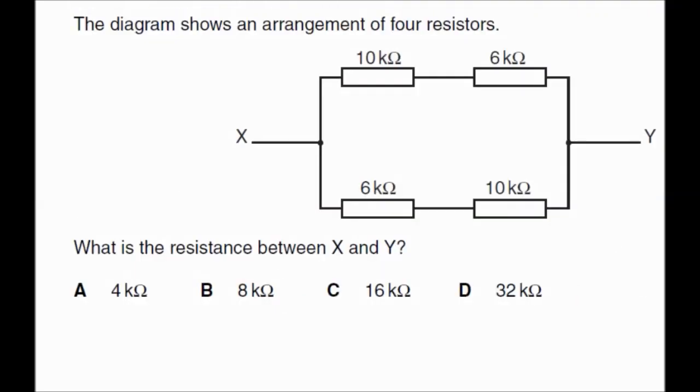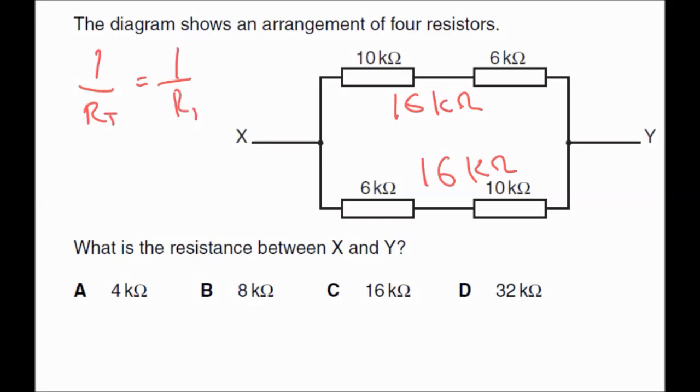The diagram shows an arrangement of 4 resistors. What's the resistance between X and Y? Well, firstly, let's try and simplify the resistors in series. So here we've got 16 kilo ohms. Here we've also got 16 kilo ohms. Then we're going to do 1 over RT equals 1 over R1 plus 1 over R2, because now we've got effectively two 16 kilo ohm resistors in parallel.